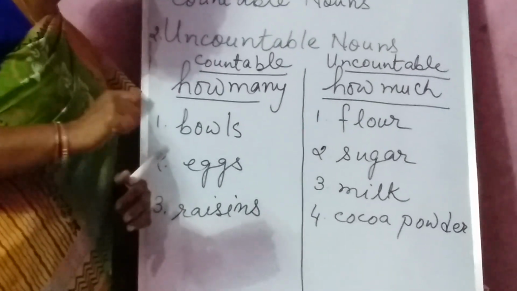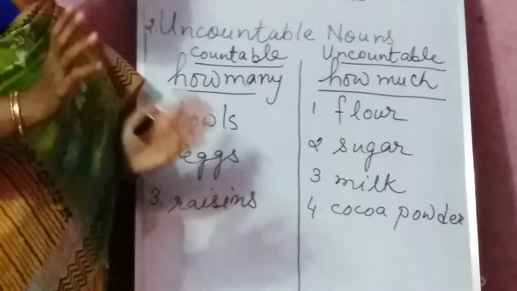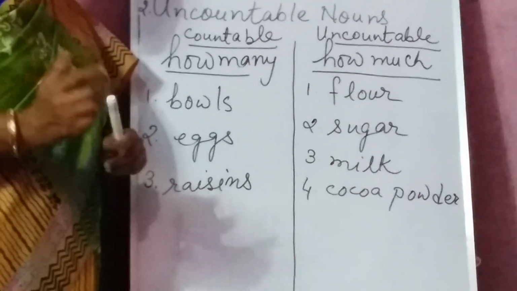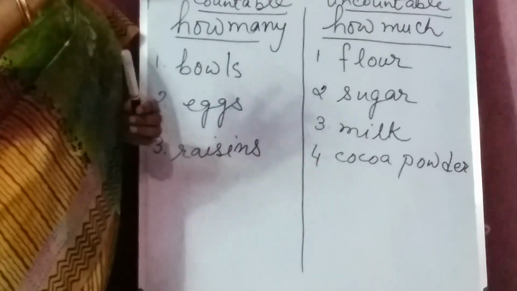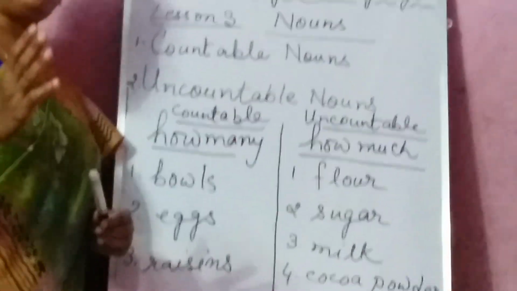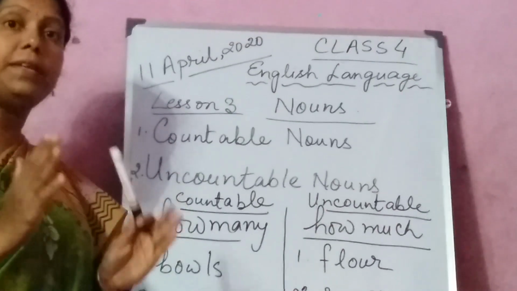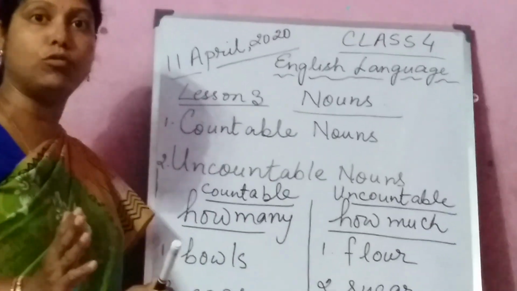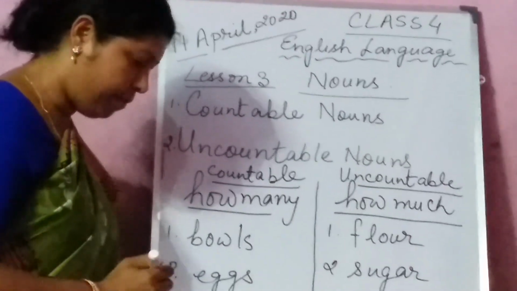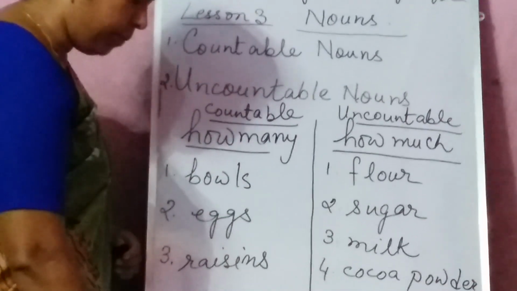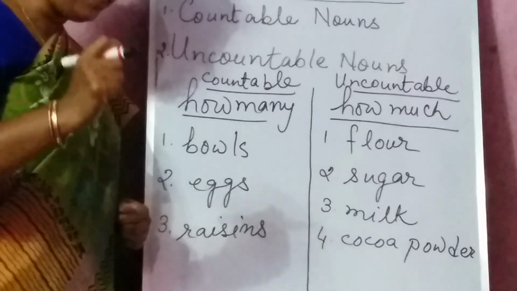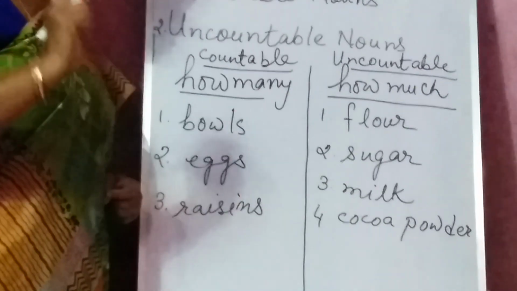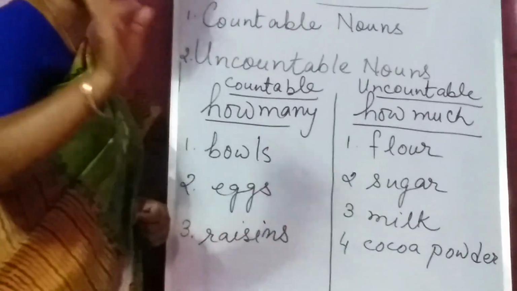But when it means the substance, like a bar of chocolate, that you cannot count, then it is uncountable. Here, because we are going to mix the chocolate in the cake, it is uncountable.